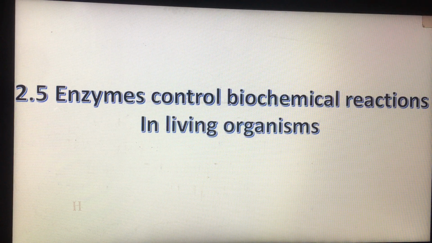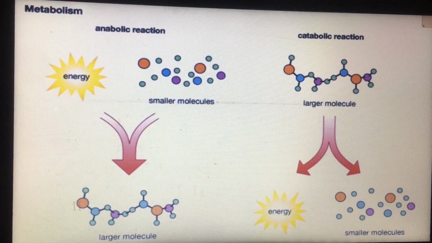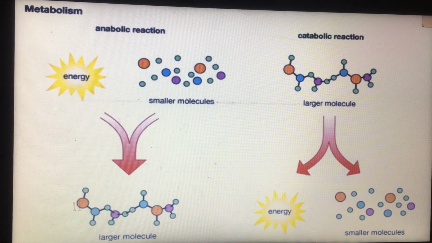As we said before, metabolism means the sum of all the chemical reactions going on within a living organism. The main two reactions which happen in metabolism are anabolic and catabolic reactions. To understand the meaning of anabolic and catabolic, focus on this picture.